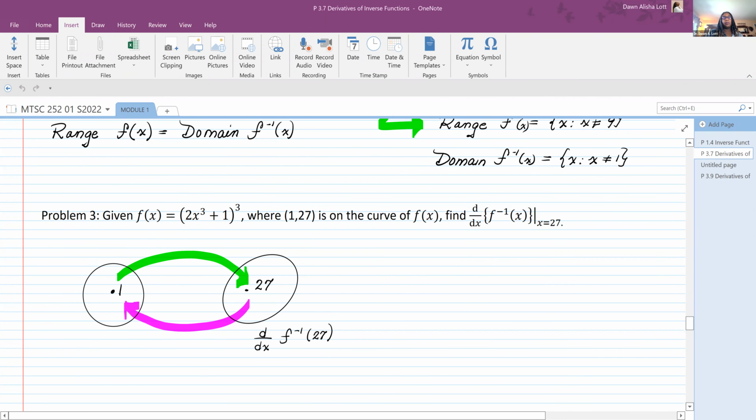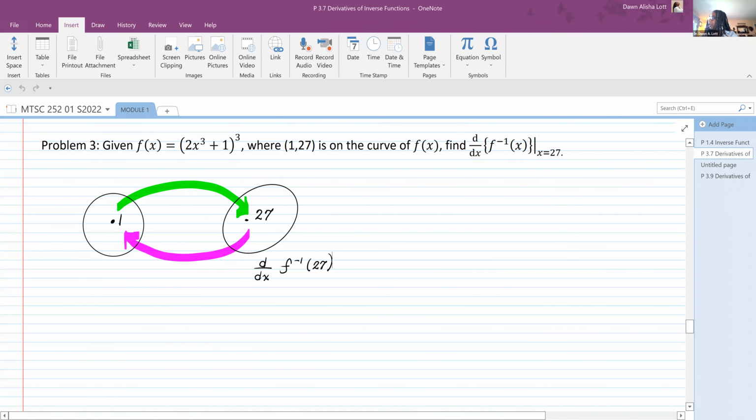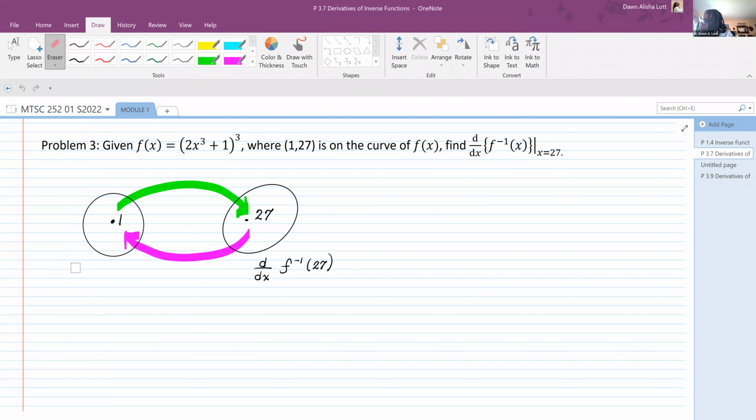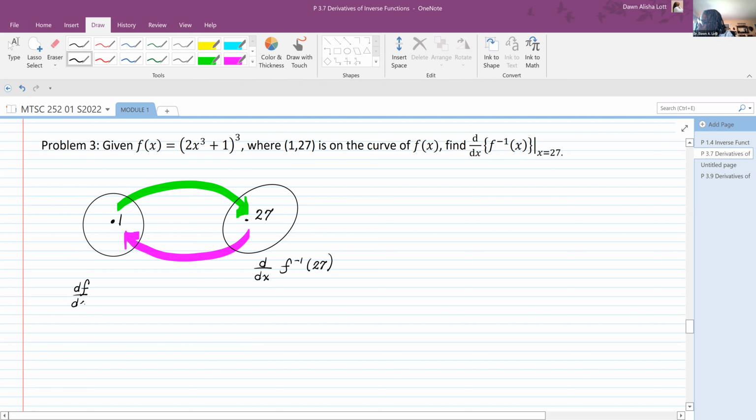so that's here, we are required to find the derivative of the function at 1. Okay, so this is what we're looking for. And this we're going to call m.